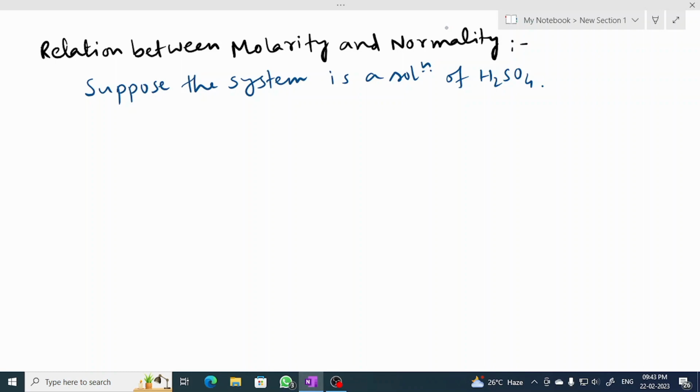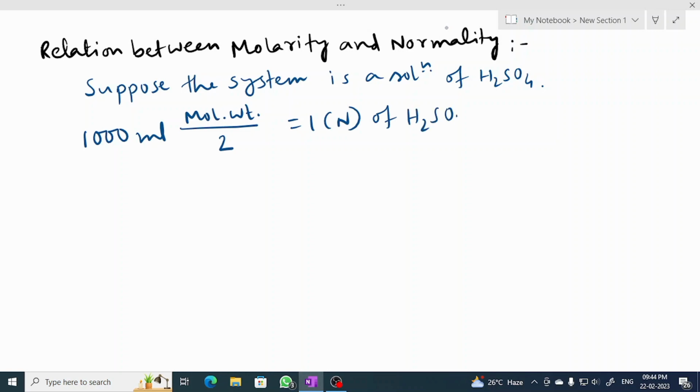What is one normal of H2SO4? 1 normal of H2SO4 means 1000 ml, molecular weight by 2. We discussed previously that 1 normal H2SO4 is molecular weight of H2SO4 by basicity of H2SO4.